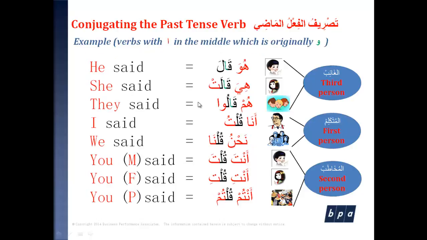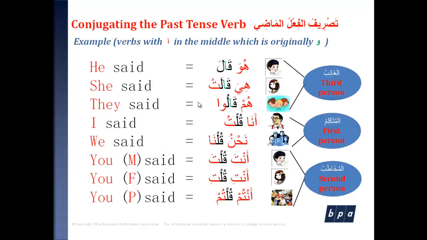Here's another example for the verbs that have a vowel in them. In this case, we chose a verb with an alif in the middle that is originally a waw, and I'll explain that a little bit. If you look at the present tense form of that verb, it is a waw, not an alif.